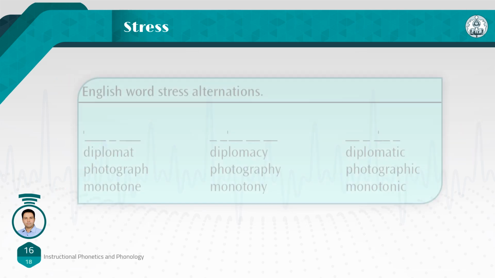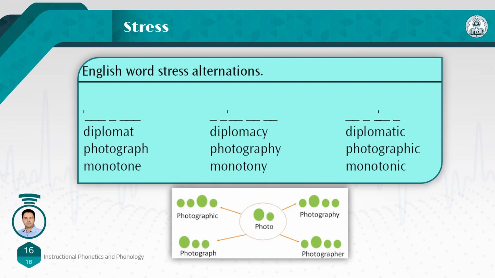Many other variations in stress can be associated with the grammatical structure of the words. This table exemplifies the kinds of alternations that can occur. All the words in the first column have the main stress on the first syllable. All of the words in the second column have the main stress on the second syllable, and all of the words in the third column have the main stress on the third syllable. If you pay attention, look at the first column.